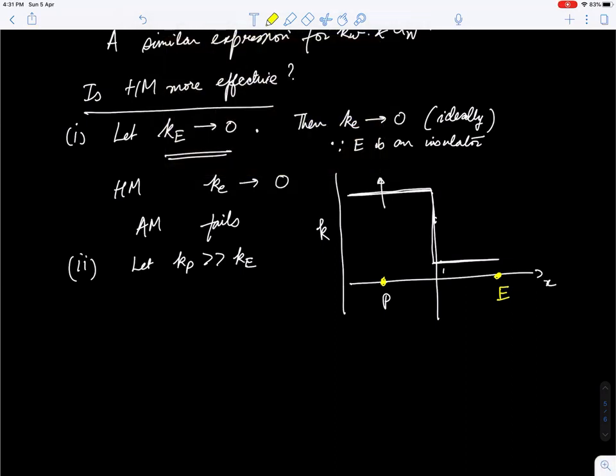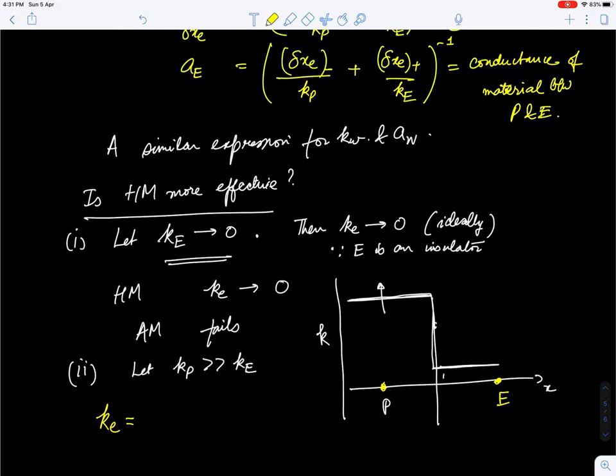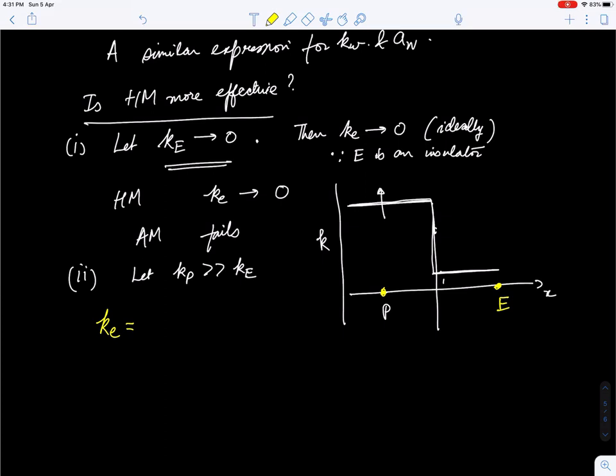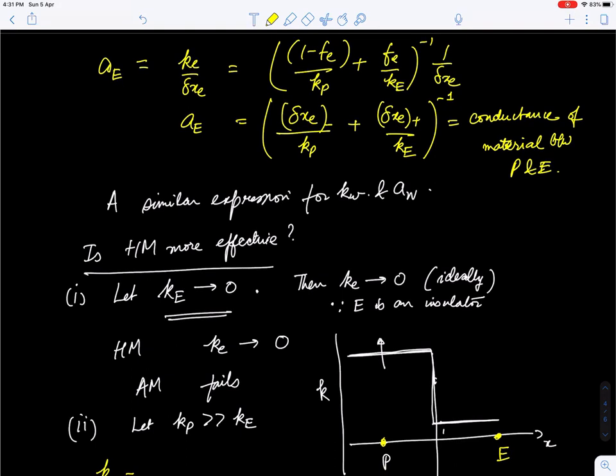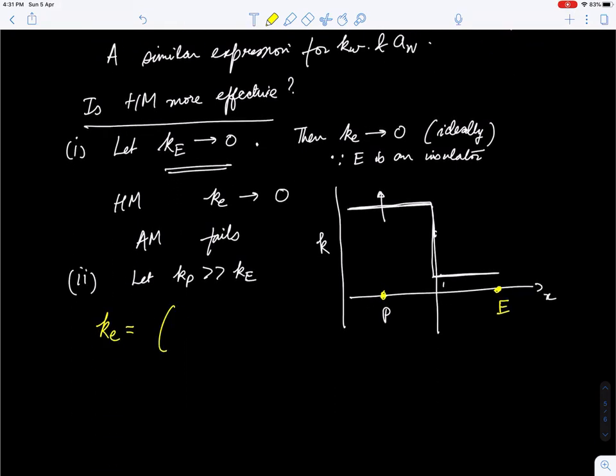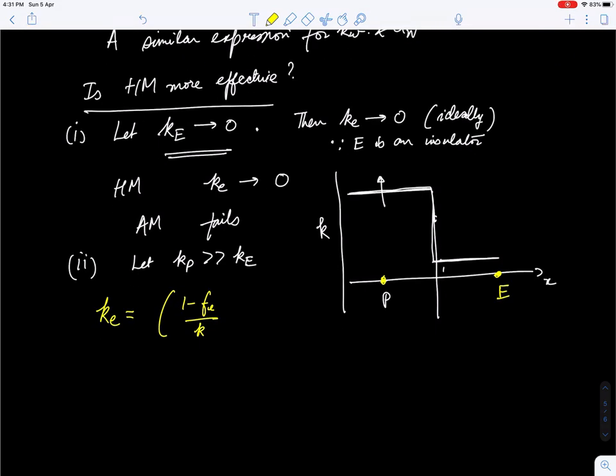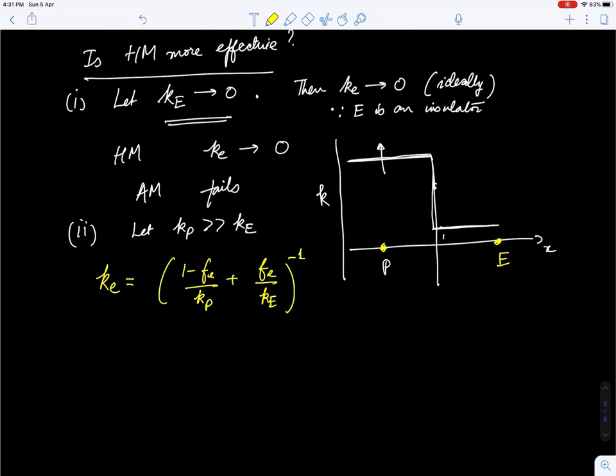Now if I look at this equation alone, the harmonic mean will give me Ke in a more general form. So we'll get 1 minus Fe by Kp, plus Fe by KE, raised to minus 1.